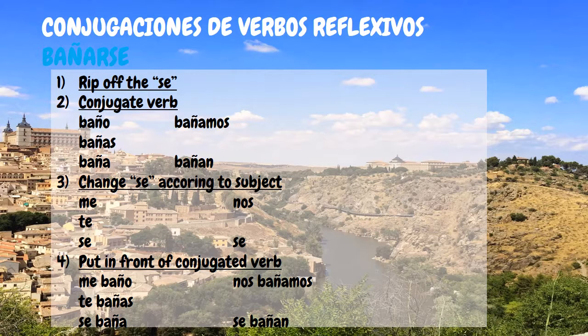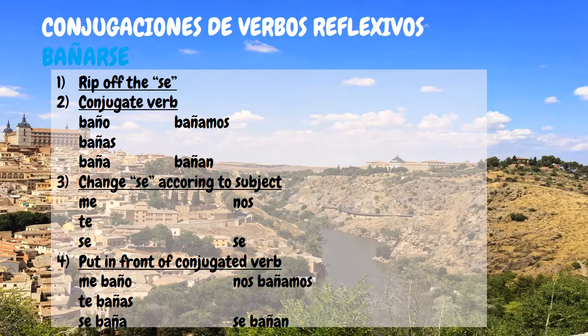as it says in number 2, your reflexive pronoun will be me. If you conjugated to bañas, your reflexive pronoun will be te. If you conjugated to baña, then it'd be se. If you conjugated it to bañamos, your reflexive pronoun should be nos.